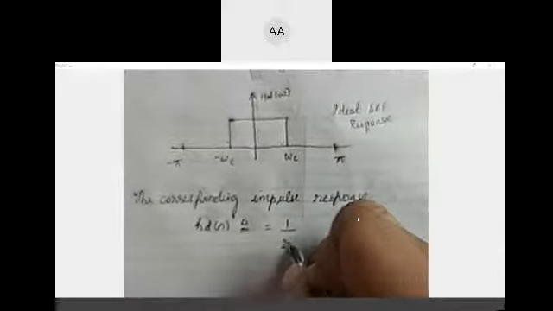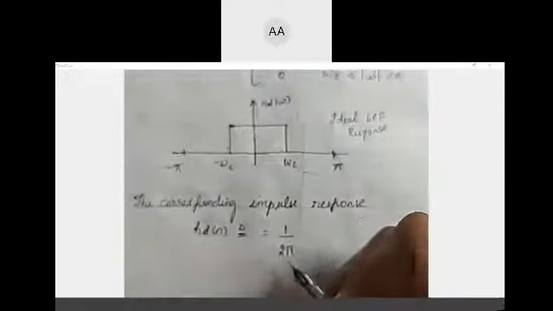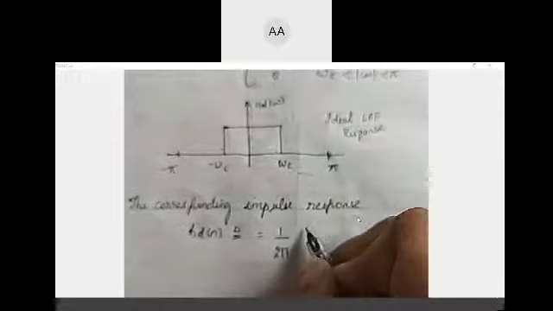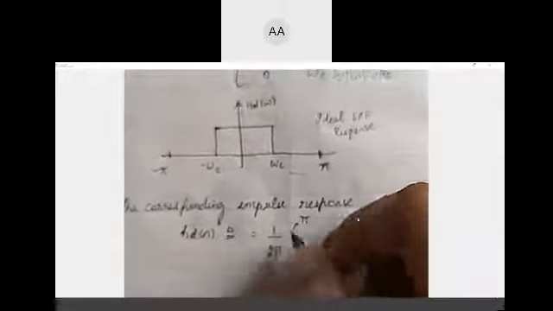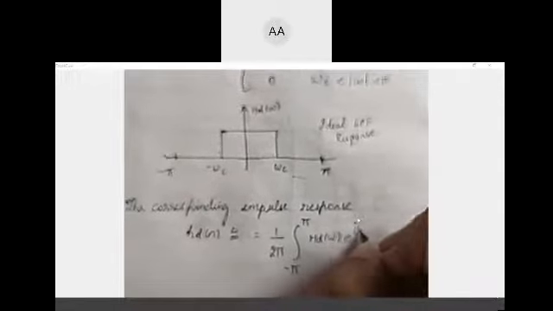The integration is 1 by 2 pi, since it is a periodic function. This is the assumption we made at the start of the chapter. The range of integration is from minus pi to pi, of Hd of omega, since it is continuous, the inverse transform e power j omega n d omega.